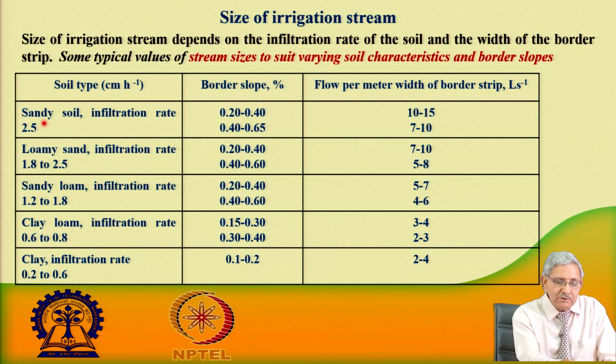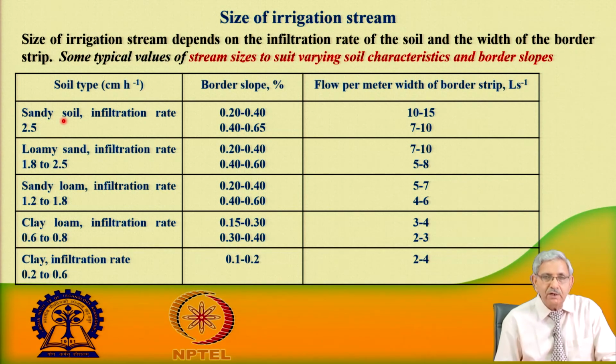Let us say sandy soil having an infiltration rate of 2.5 centimeter per hour, with a slope between 0.2 to 0.4%, the irrigation stream size will be 10 to 15 liter per second per meter width of the border.